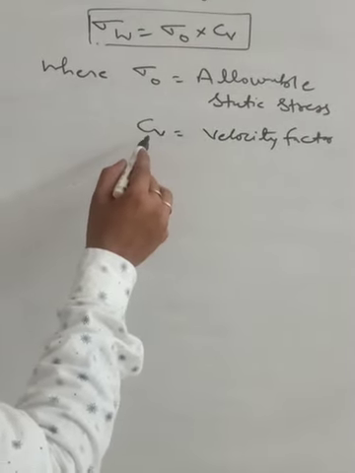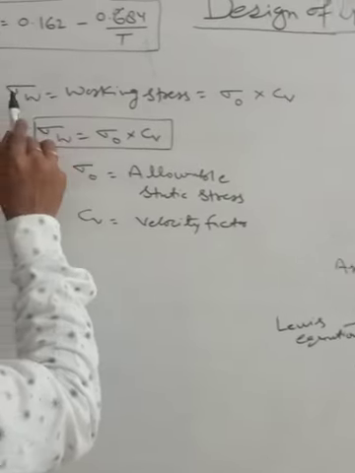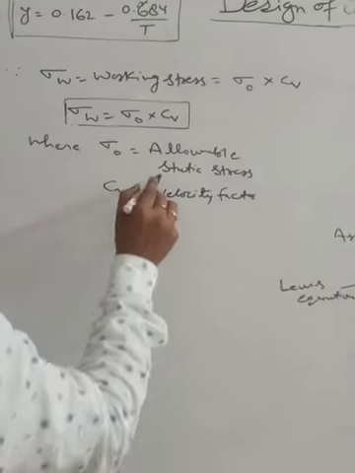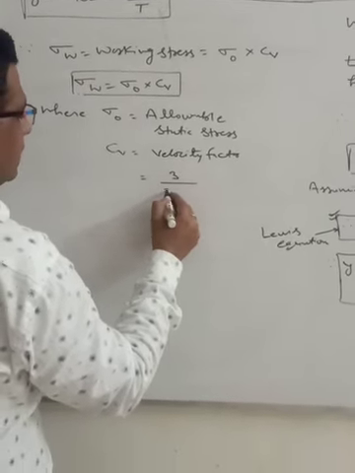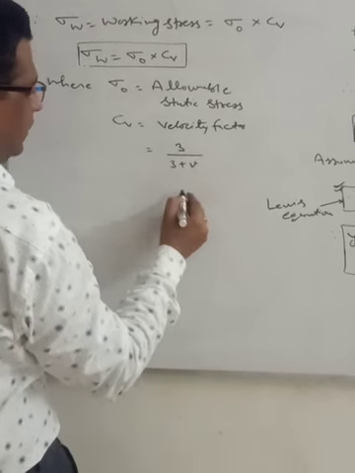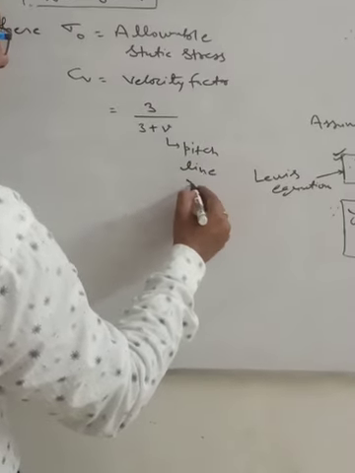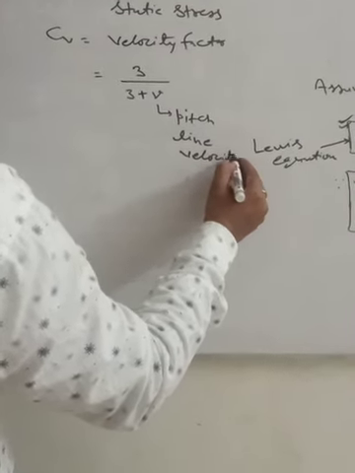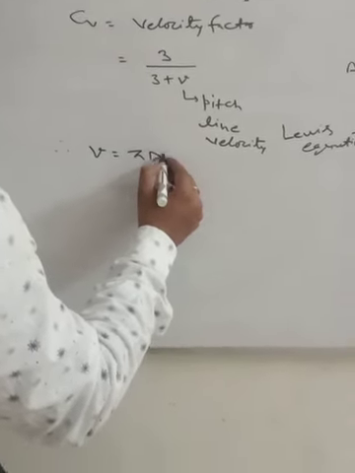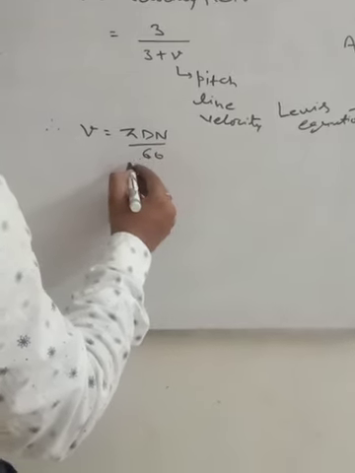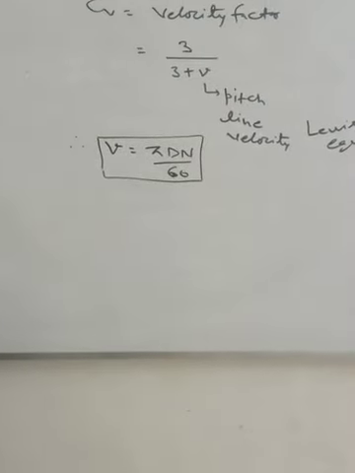This factor is included to consider the dynamic loading in our working stress. This value can be calculated with the help of these equations, where v is the pitch line velocity, and this pitch line velocity is pi D N by 60. By the help of this equation, we can calculate the pitch line velocity.